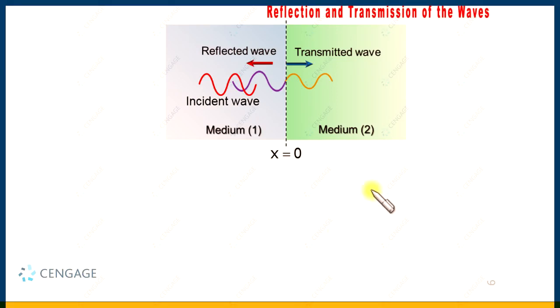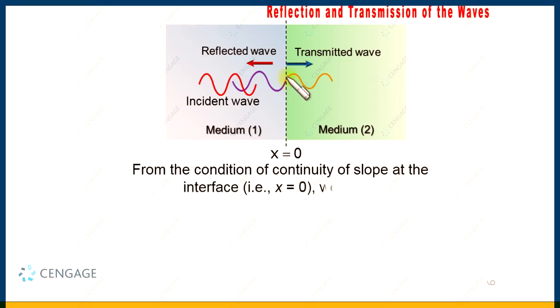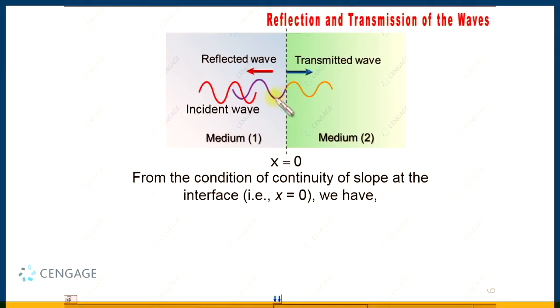That means the slope is dy by dx of y1 plus y2, and from medium 2 it is dy3 by dx.